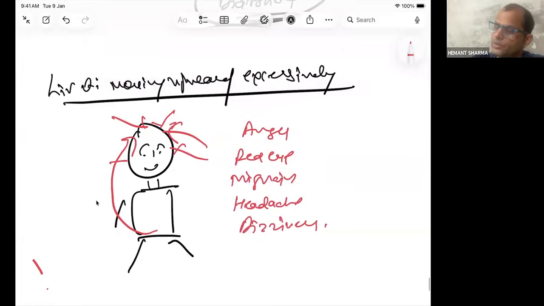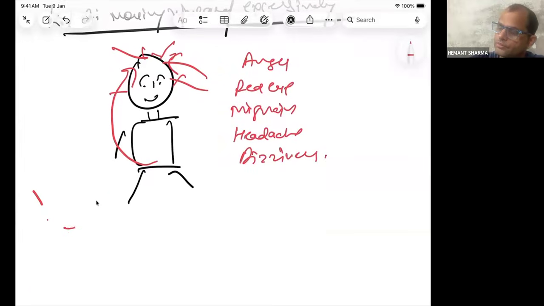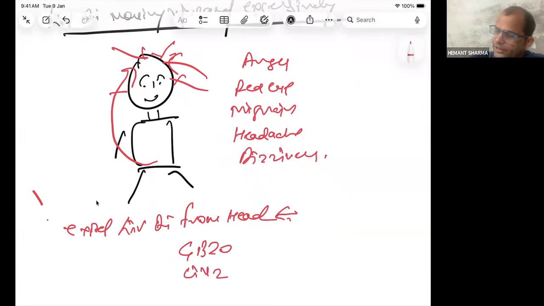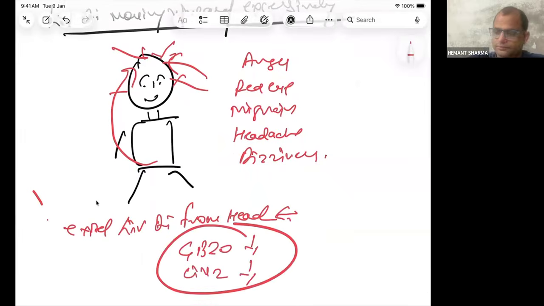So what will we do? We will expel the liver chi from the head. So we'll add a few more points. हम कुछ पॉइंट ऐड करेंगे. Gallbladder 20 and liver 2 are very important points.